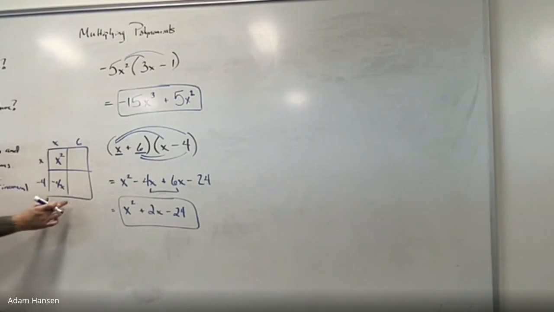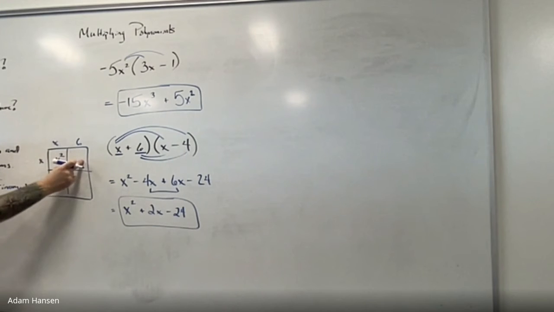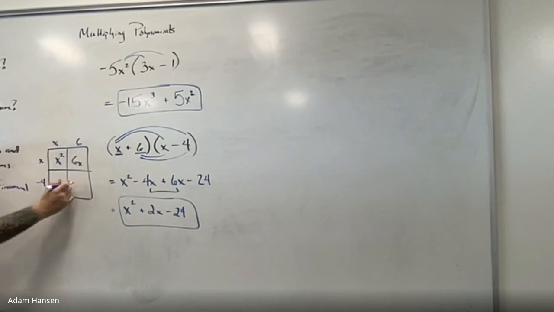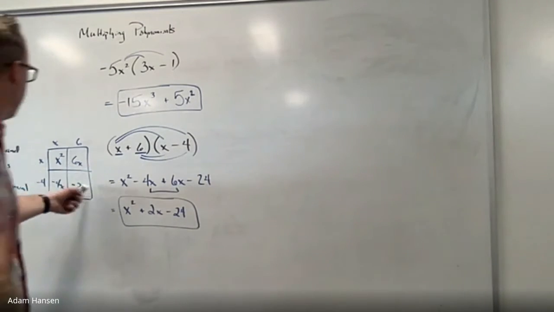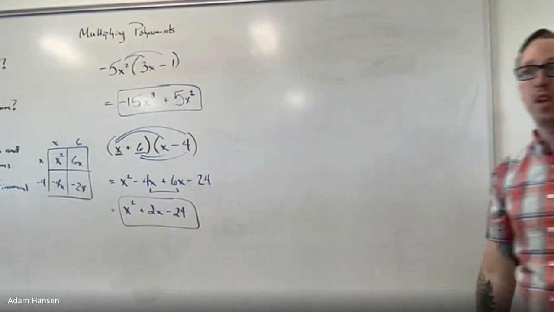And now let's go to the next column. Top right corner says take 6 times x. And for the bottom right corner, take negative 4 times 6. Is that just the same thing? Yeah. Some people like to draw lines like I did here first. Some people like to draw a little box and multiply all the rows and columns together that way. It's the same thing.